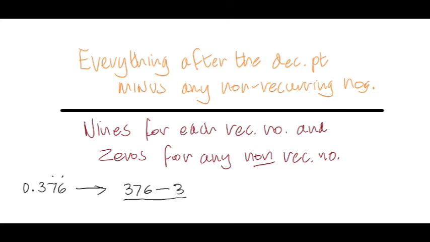There's two recurring numbers, so 2 9s, and a 0 for any non-recurring. Well, we have one non-recurring number in this one, which is our 3, and so we put a 0 in its place. So we can quickly say that the answer is going to be that.